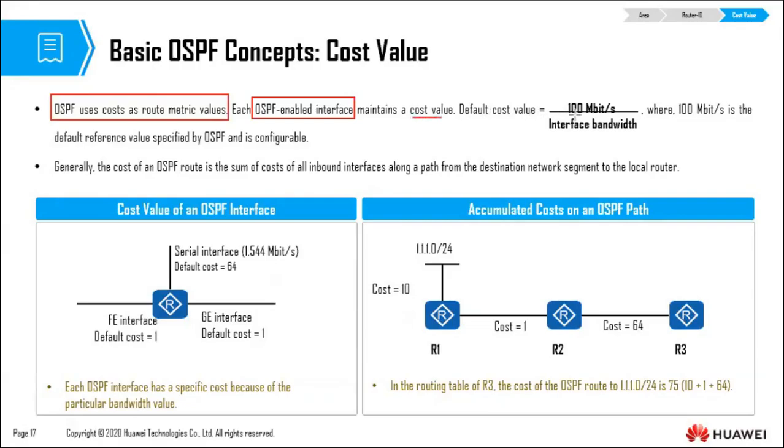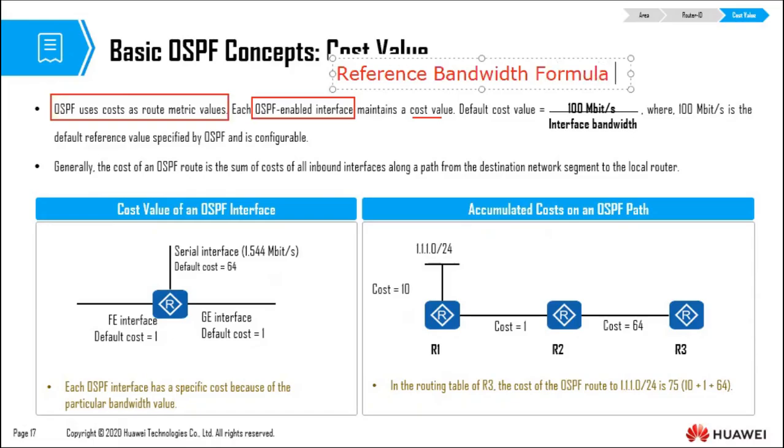The default cost value uses what we call the reference bandwidth formula. It's called the reference bandwidth formula. They haven't mentioned it here, but I know the reference bandwidth formula.